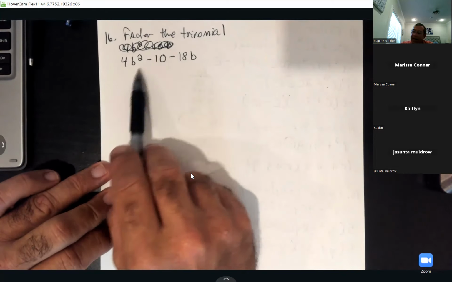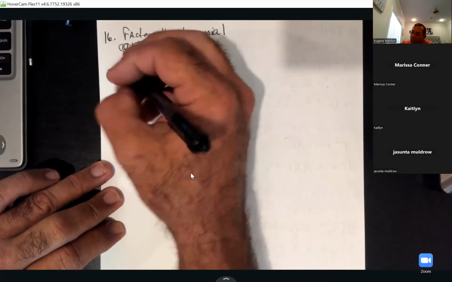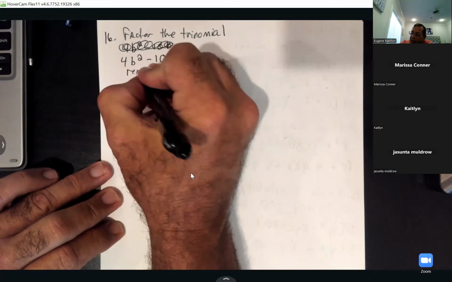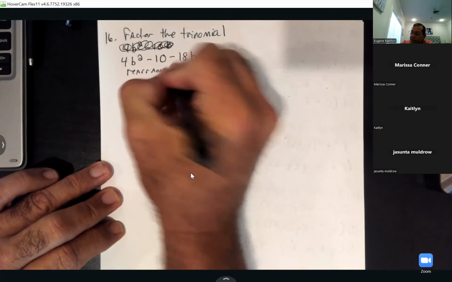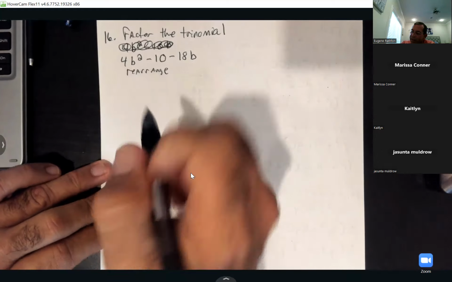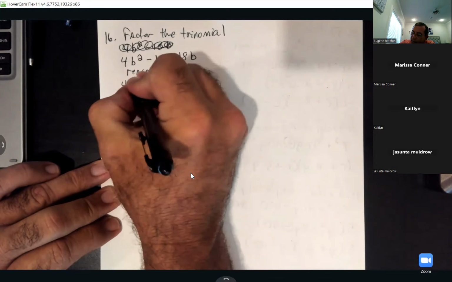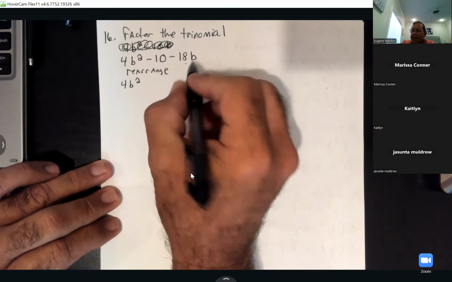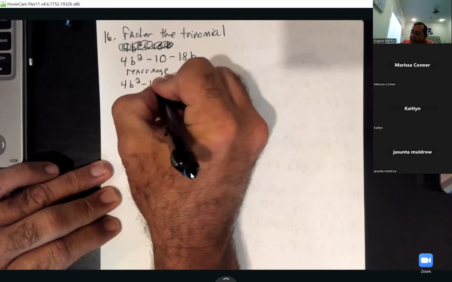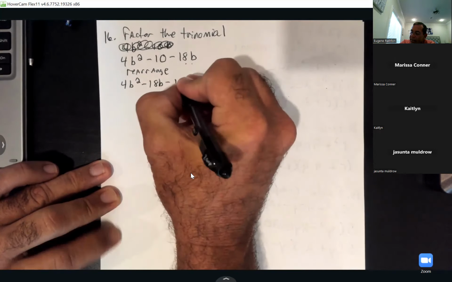So y'all look here, they have this one out of order. So we're going to rearrange. I want my 4b squared first, my negative 18b second, and then my minus 10.